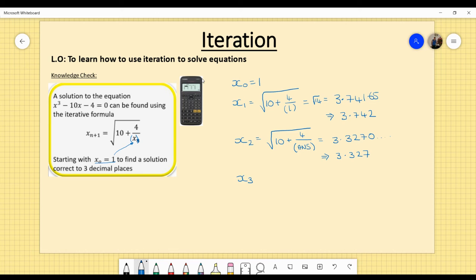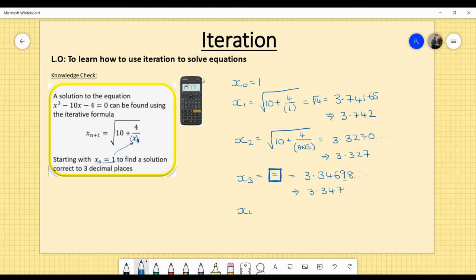But remember, for finding the third one, I just need to hit the equals button on the calculator, and it will give me a solution of 3.34698, etc. Round that one, and I get 3.347, because the 9 is going to round it up there, but 3.347 and 3.327 are not the same, so I'm not finished.